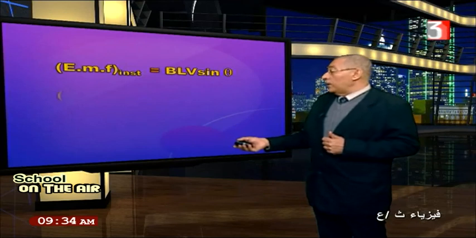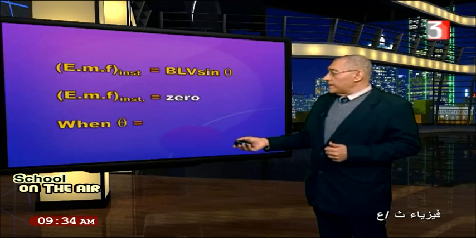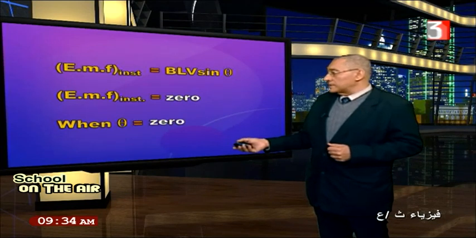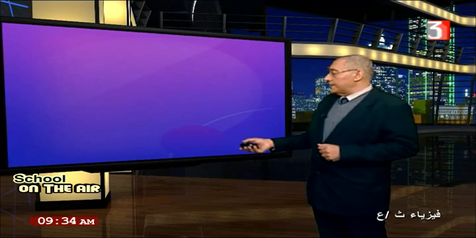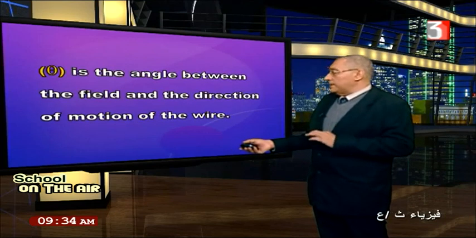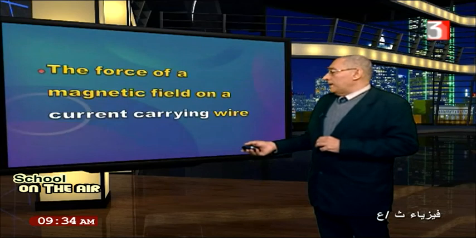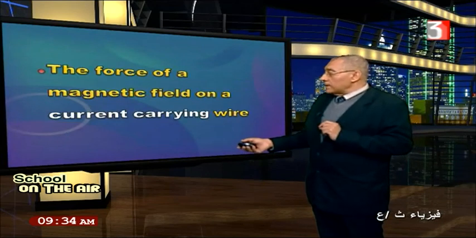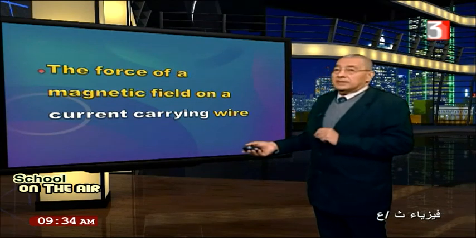So EMF equals 0 when theta equals 0, because sine 0 equals 0. Theta is the angle between the field and the direction of motion.